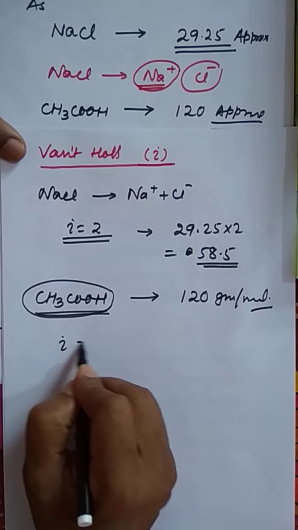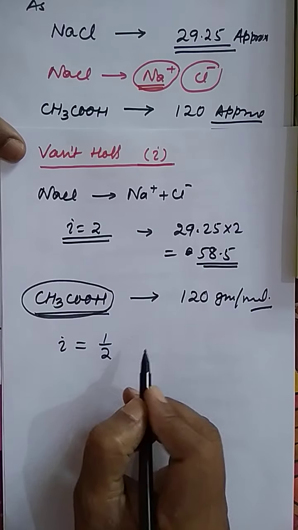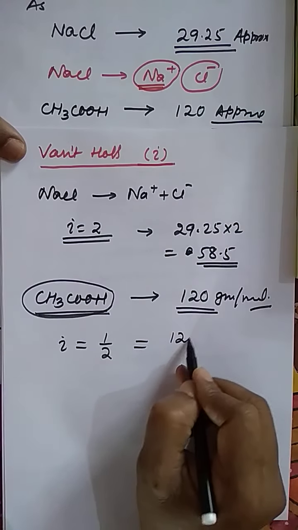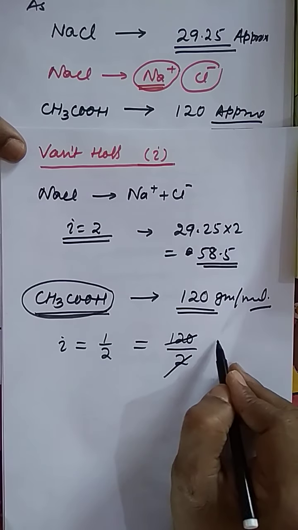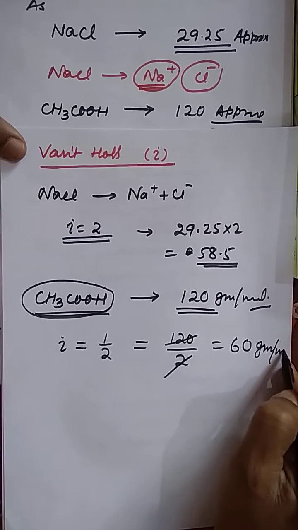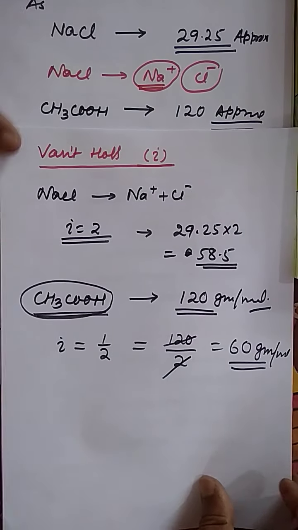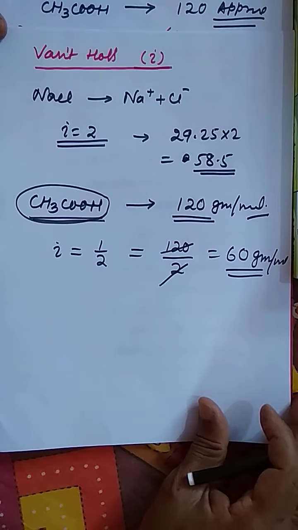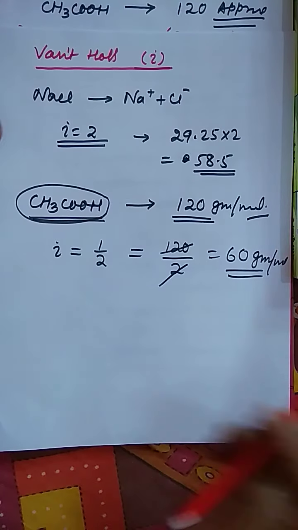So definitely i is equal to 1 by 2. So this value is divided by 2, then you will get the correct value of molar mass of acetic acid.